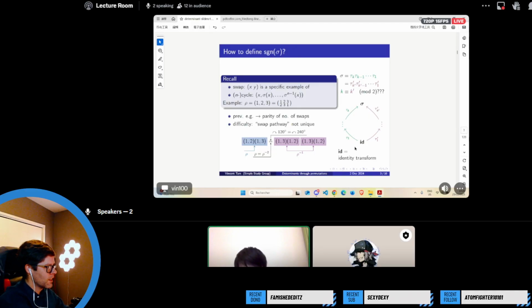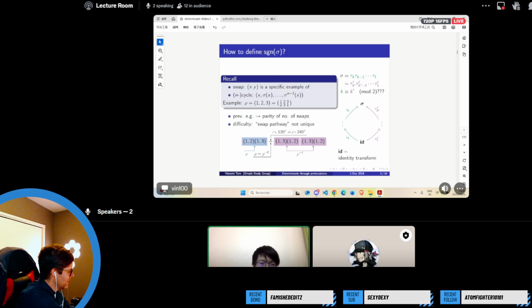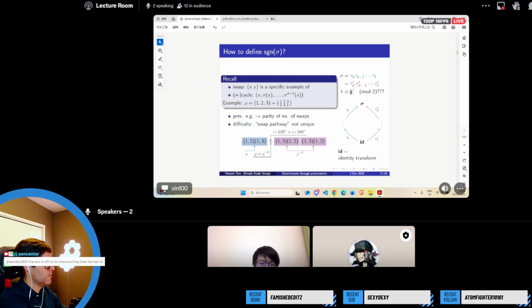So the problem with defining the sign of a permutation from the number of swaps is that you need to show that the parity of the number of swaps is something stable, and it won't change if you have chosen different pathways.